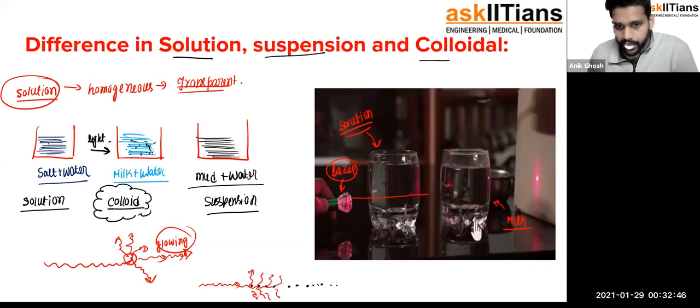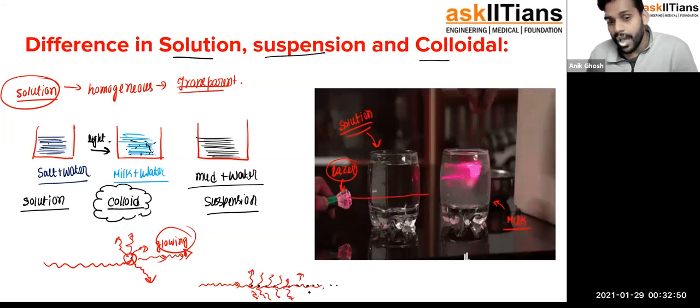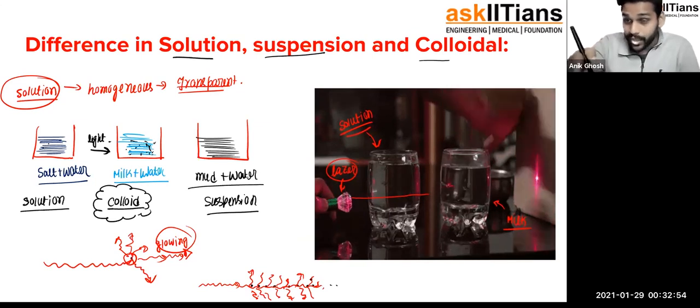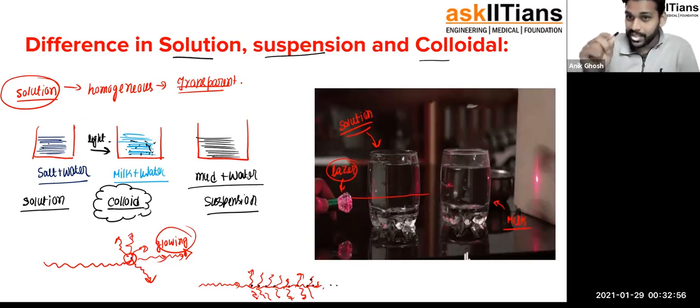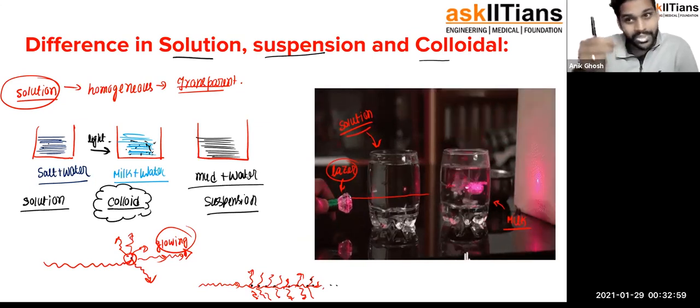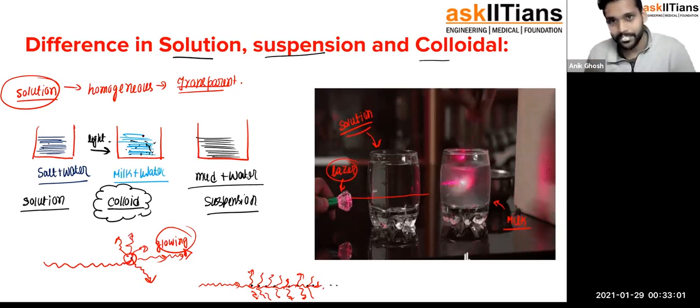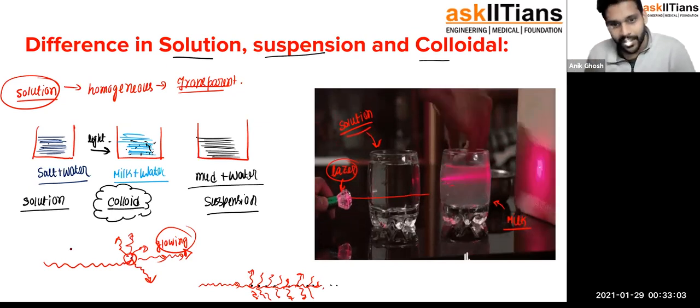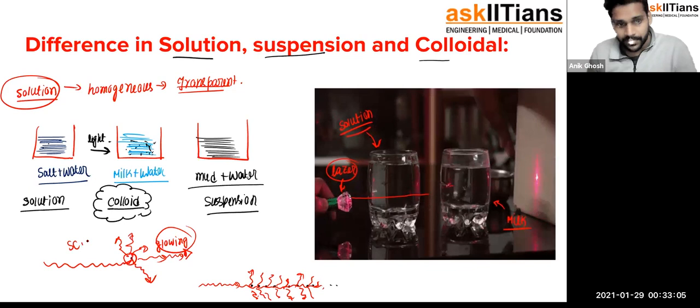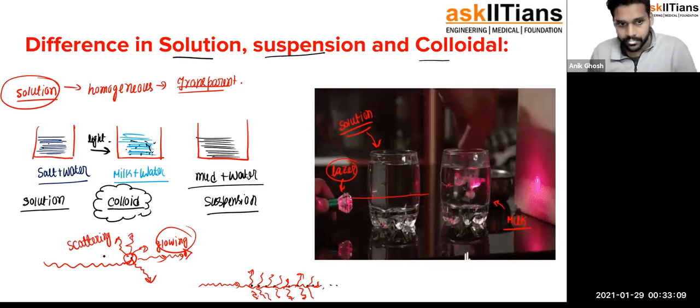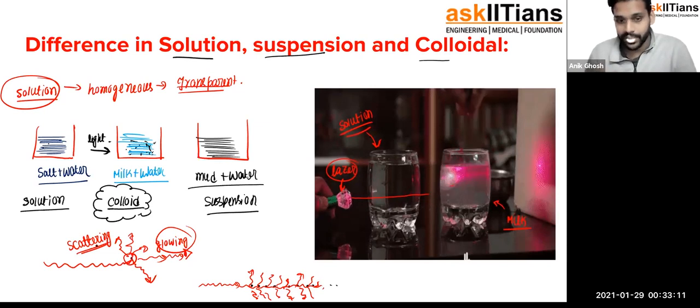So for that reason, all of these particles have started glowing, and we can see the pathway through which the light was going. All the particles that come in the way started glowing, isn't it? So due to this scattering of light, all the particles have started glowing.